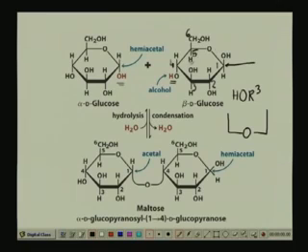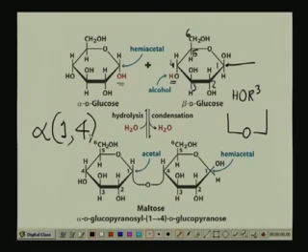It does not matter whether this is an alpha or a beta. The alpha comes from the first one that you are considering. This is alpha, carbon number 1. So, this linkage is an alpha 1,4 linkage.